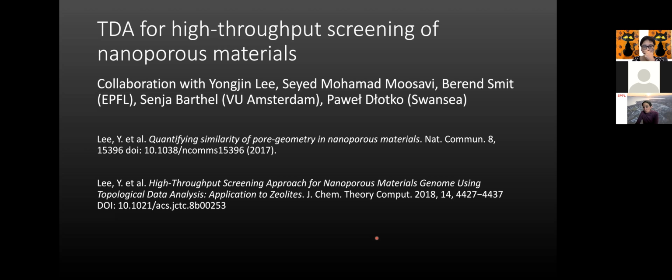I have a couple of articles, one published in Nature Communications in 2017, and the other the following year in the Journal of Chemical Theory and Computation, where we used very straightforward TDA methods to show that by looking at the shapes of the pores in these nanoporous materials, and characterizing those using topological data analysis, you could determine which materials might be worth synthesizing in order to optimize the performance parameters that you were interested in. If you'd like, I can answer some more questions about this after the talk, but for the time being, I'm going to move on to neurons.